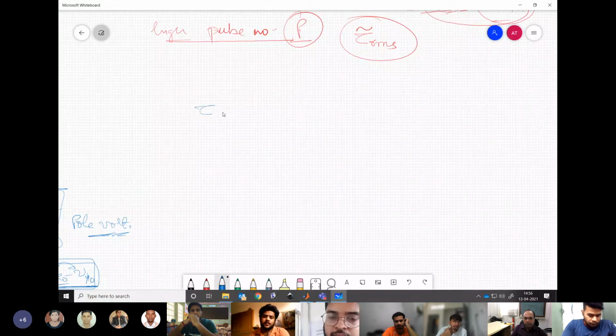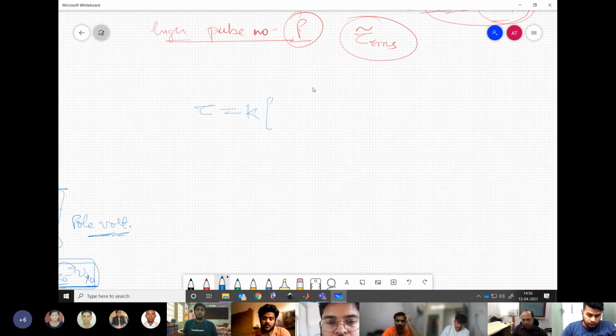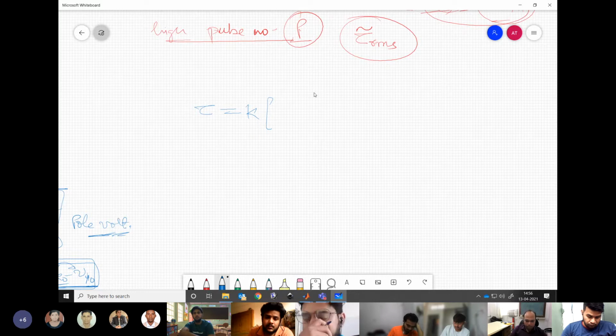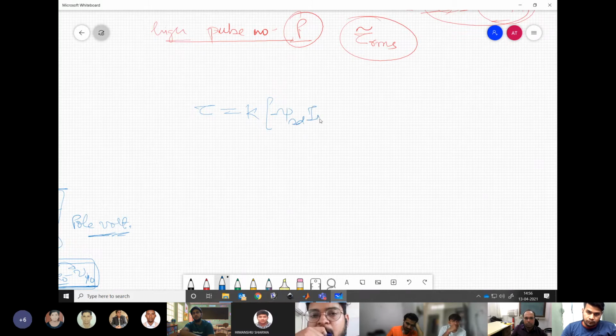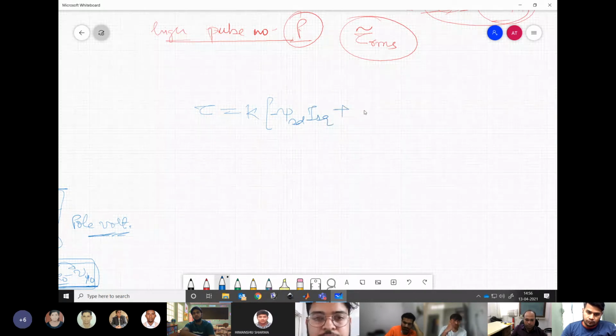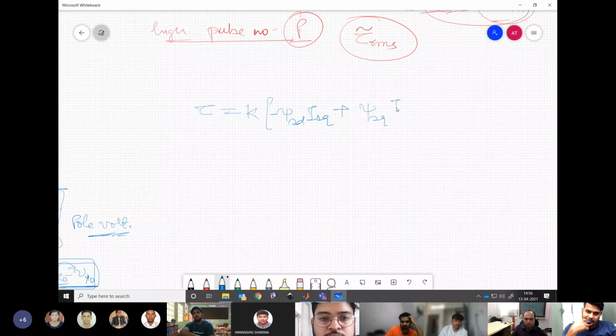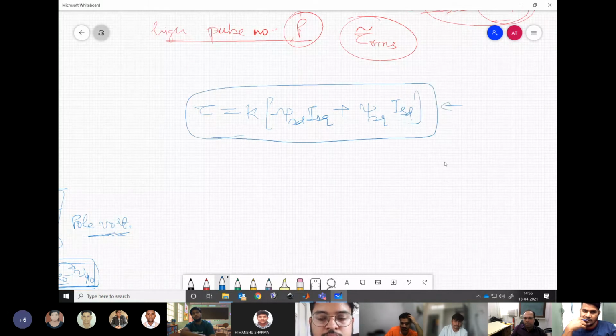So the torque expression can be written in terms of the D axis, Q axis flux and current. This is your general expression for torque in terms of D axis, Q axis flux and D axis, Q axis current.